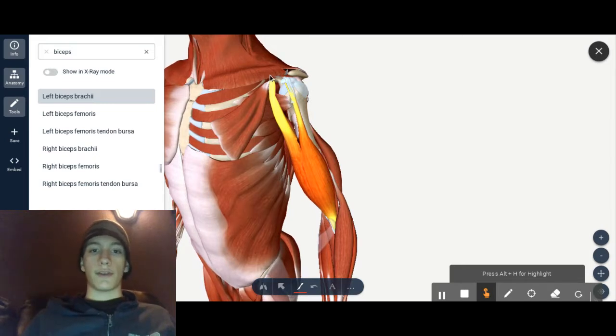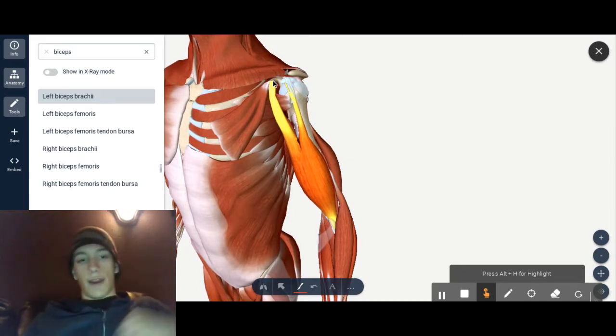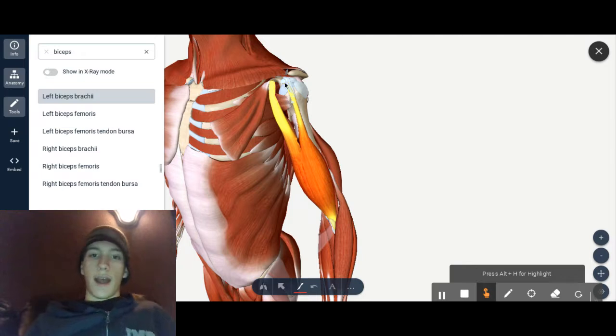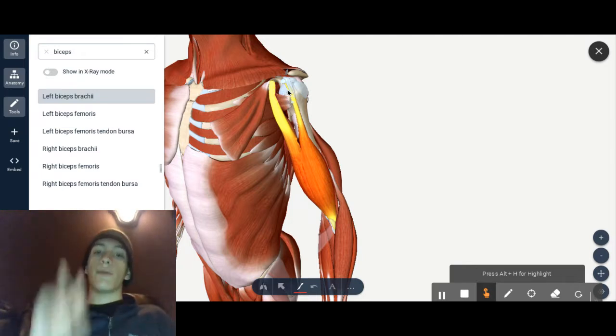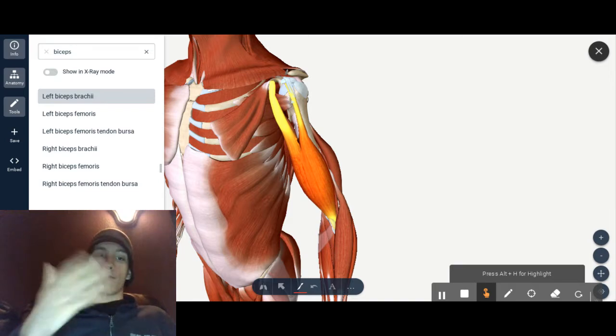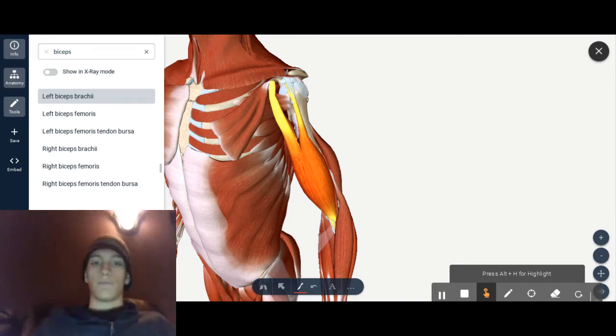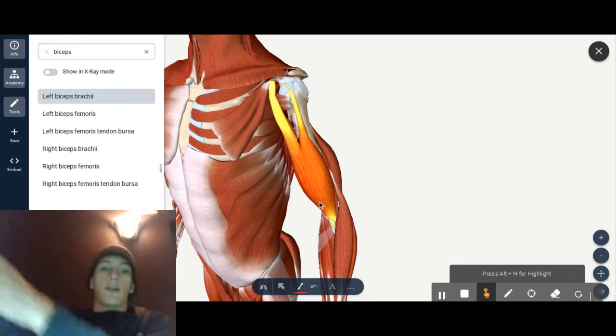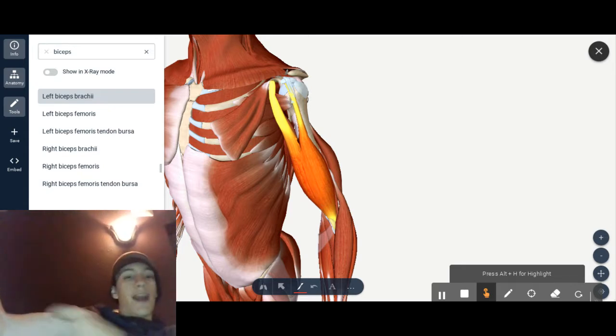It goes to your first rib right here, right under your clavicle, and it also goes to your lesser tubercle. Those are two origins, so it's a biceps, two origins. And because it's on your arm, it's a brachii. So brachii means arm, so two origins on your arm, it's your biceps. Of course, you already knew that.